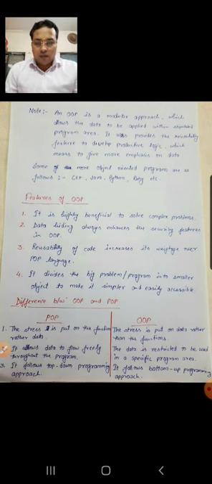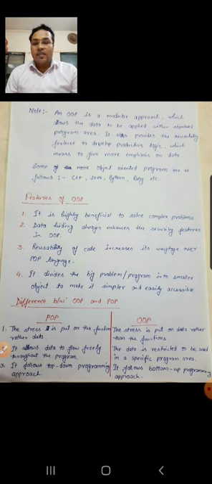The first one, in POP the stress is put on the functions rather than data, whereas in object oriented programming the stress is put on the data rather than the functions.